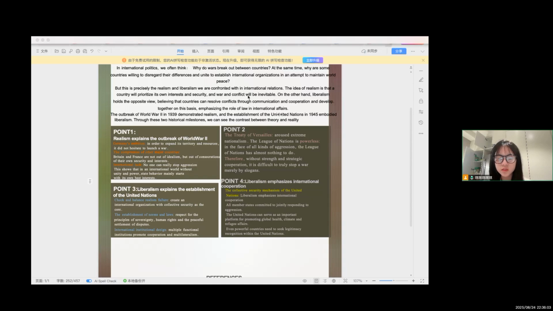The United Nations survives as an important platform for promoting global health, climate, and refugee affairs. Even powerful countries need to gain recognition within the United Nations.